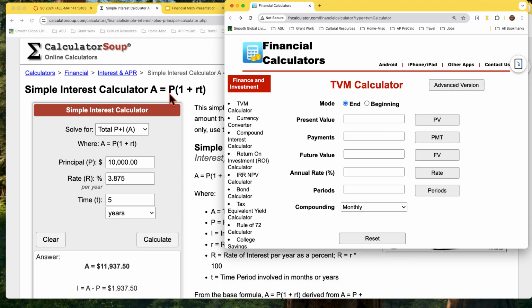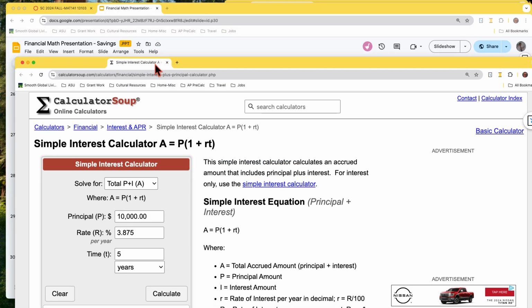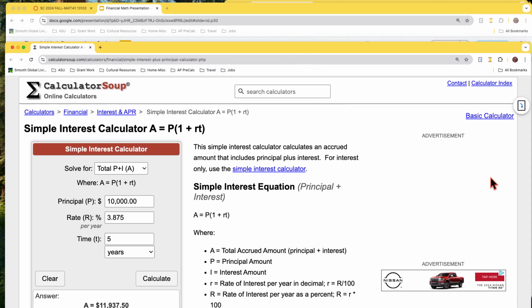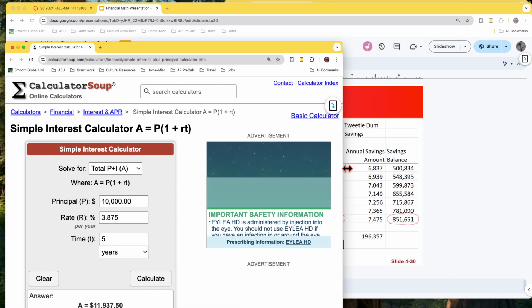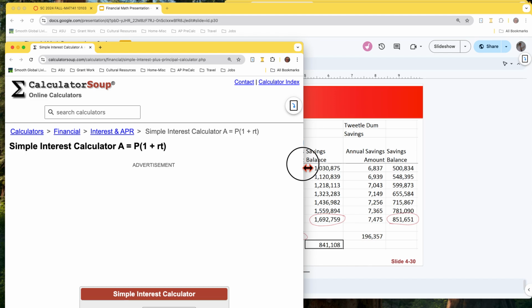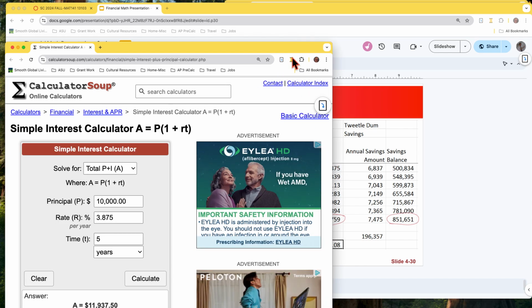I'll do that one, and then I'll show you the simple interest calculator we use whenever it says they're getting paid simple interest. Otherwise, we'll use the compounding one. And again, there are advertisements and stuff here, so I've got to leave it a certain size.